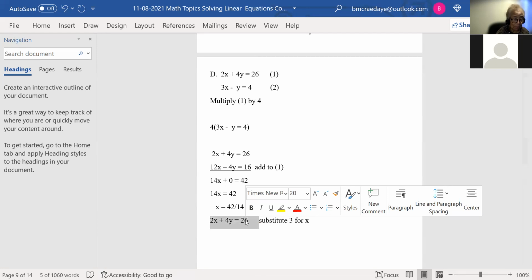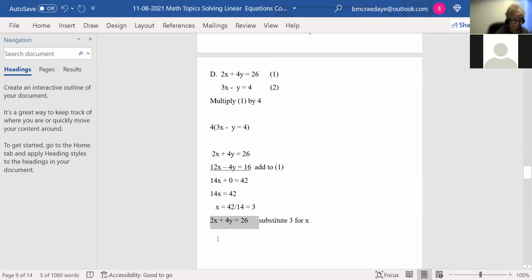So you'll be multiplying 2 times what? 3. Very good. So this will be 2 times 3. Now you see you just got one unknown, and that's the y. So what's 2 times 3? 6. 6 plus 4y equals 26. What's your next step, Maureen?